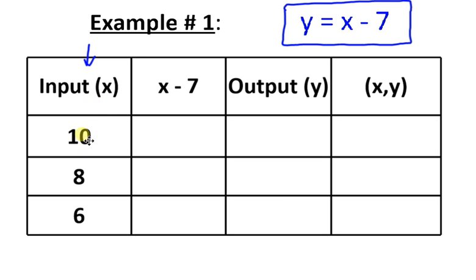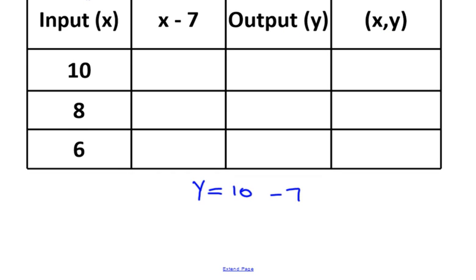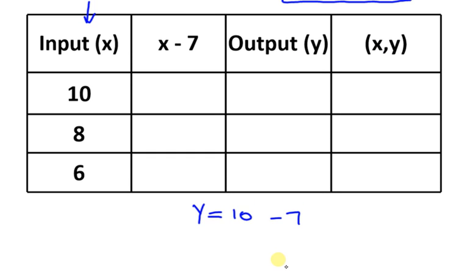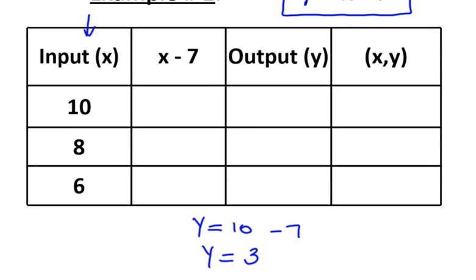In the first situation, our x is going to equal 10. So y equals 10 minus 7. What's 10 minus 7? 3.